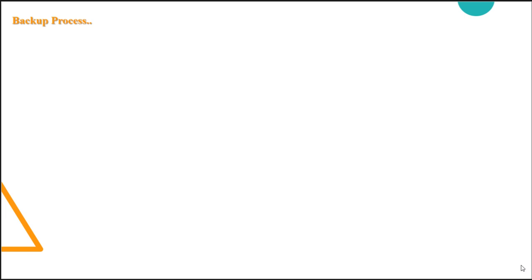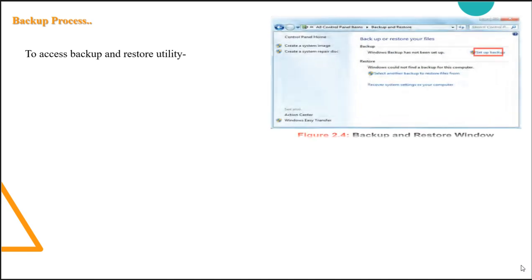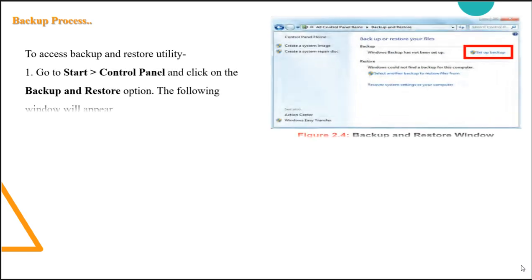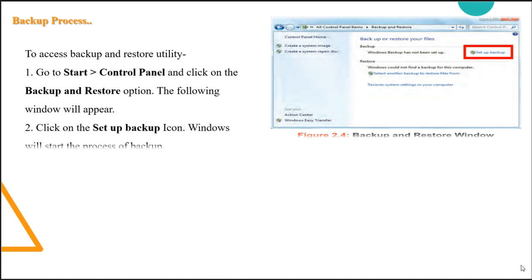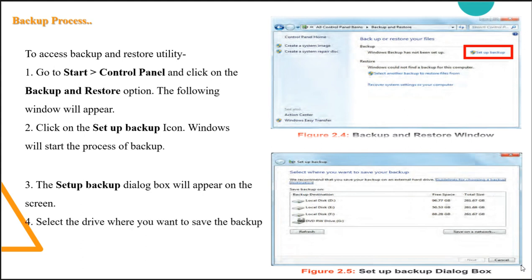Let's have a look at the backup process now. In your textbook you will also have the step-by-step instructions on how we can back up our data on our computer system. For that you need to go to your start button, control panel, and click on backup and restore, and this kind of window will open on your screen.